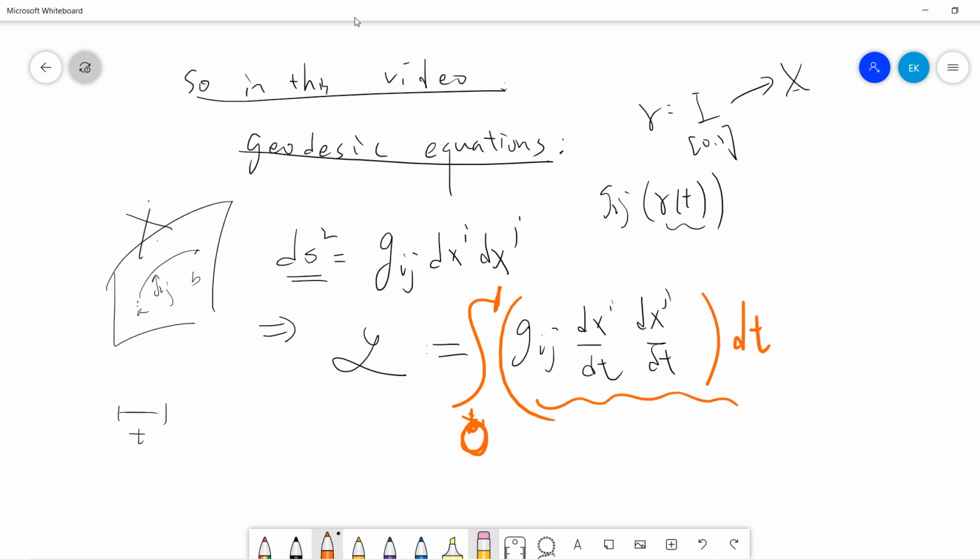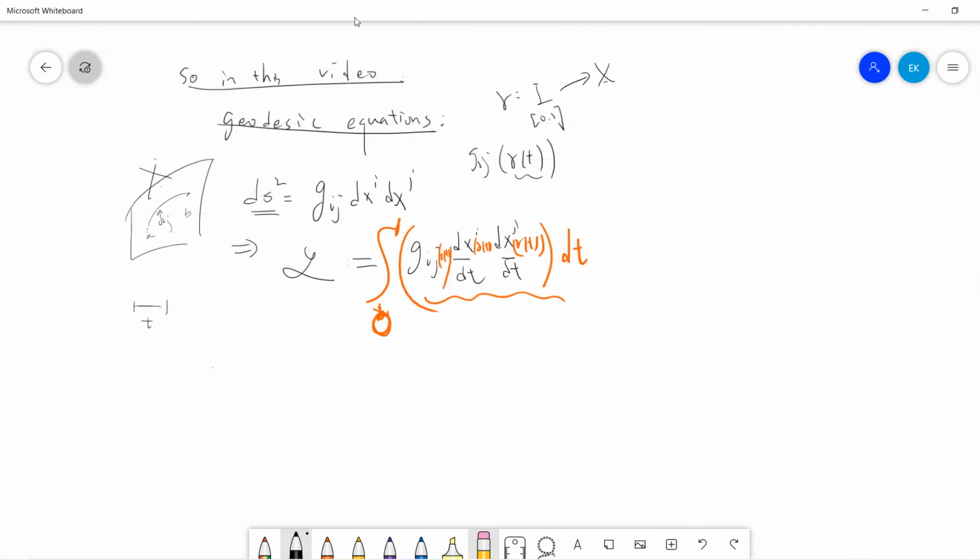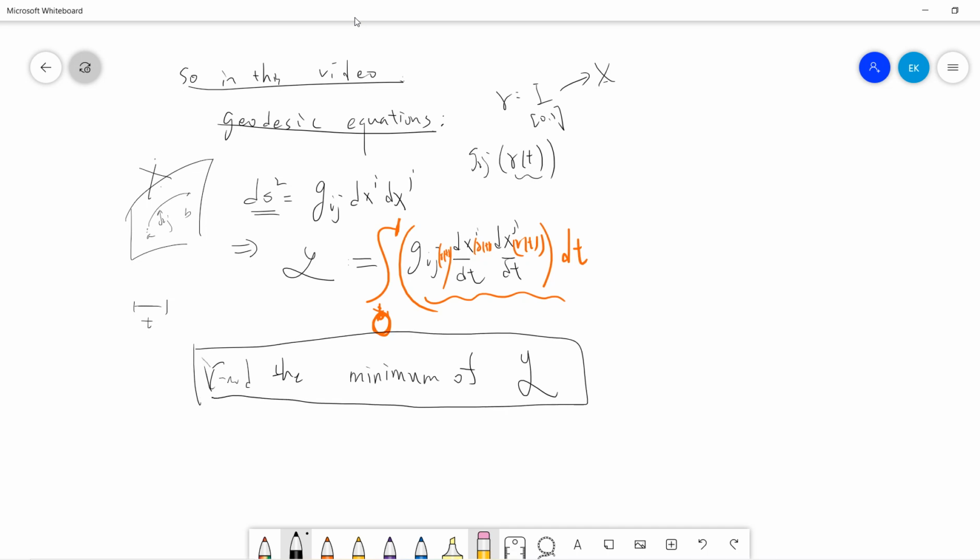The variable is gamma of t, which is the curve I mentioned before. So this is the length from A to B. The key point is that we need to find the minimum of L, and from there we can derive the geodesic equation.